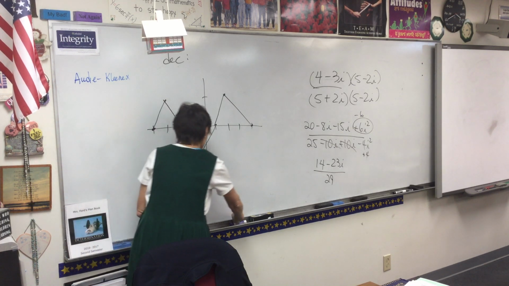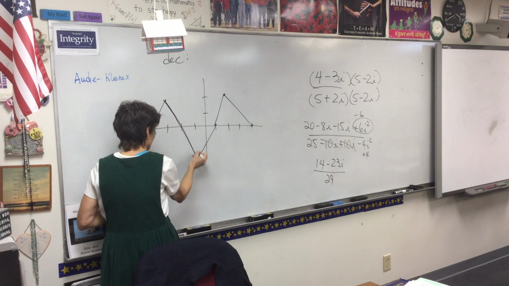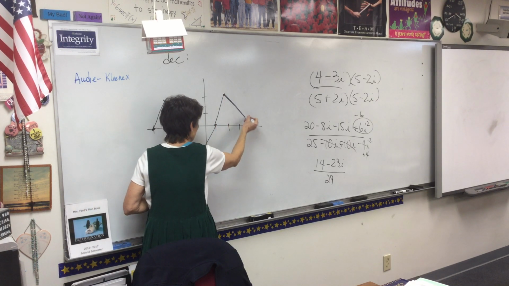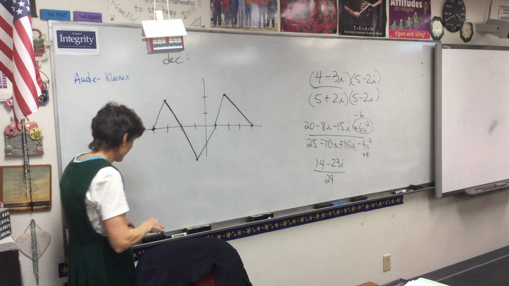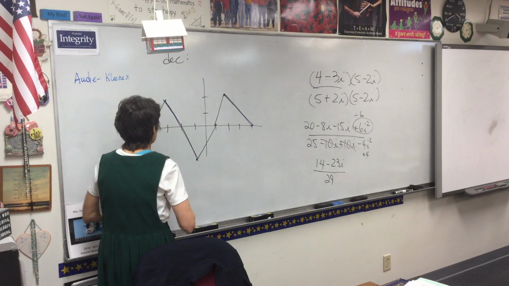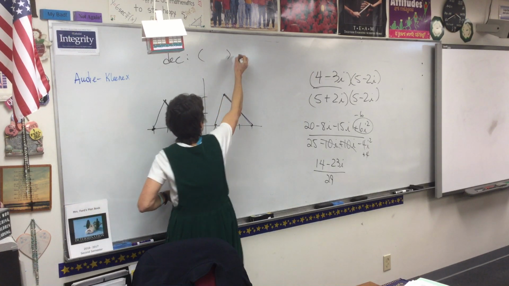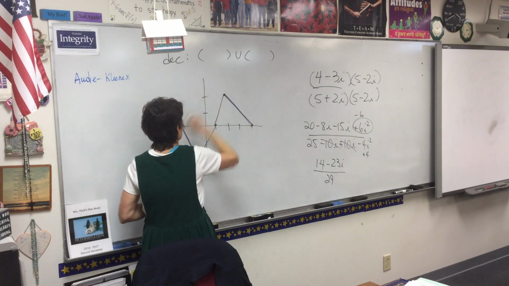So aren't we going down in this section and in this section? That's where we're going down. So you simply list the intervals. Those are the x values where we are decreasing. There's 2 of them. They're decreasing there and they're decreasing there.